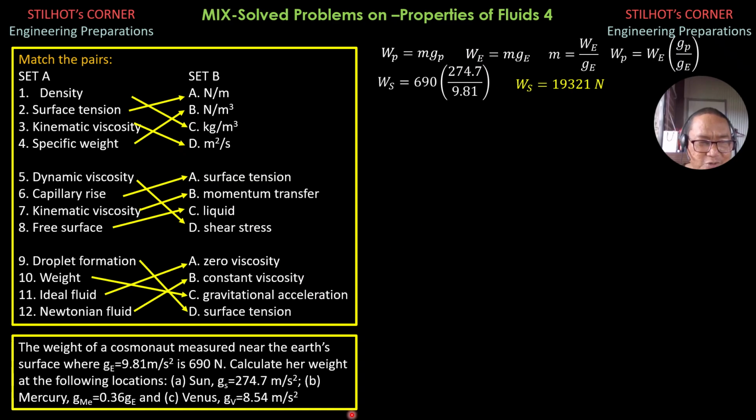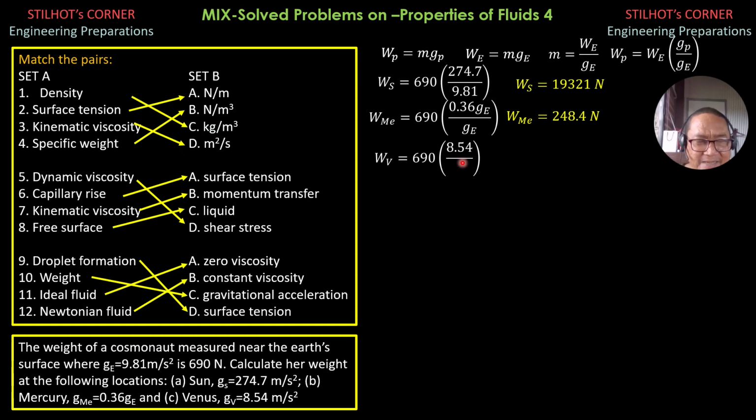Weight of the cosmonaut on Mercury is equal to 690 times 0.36 g of E divided by g of E. Cancel out g of E. So the weight of the cosmonaut on Mercury is 248.4 newtons. Then C, Venus: weight is 690 times 8.54 divided by 9.81. So the weight of the cosmonaut on Venus is equal to 600.7 newtons.